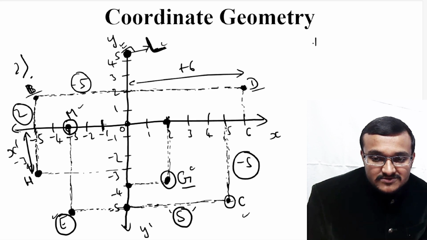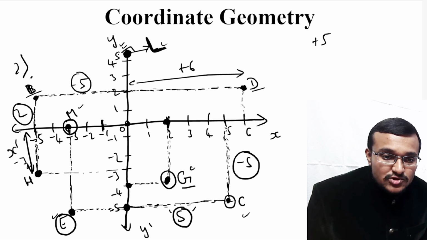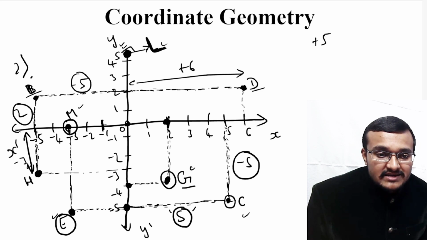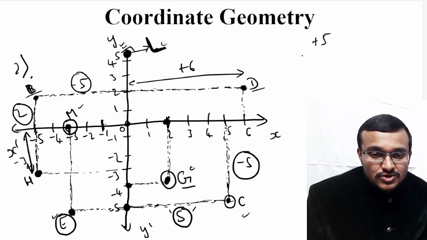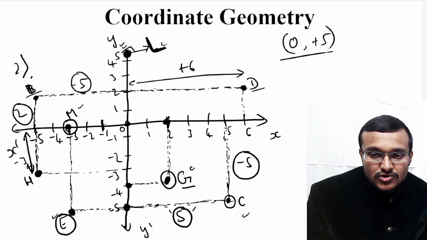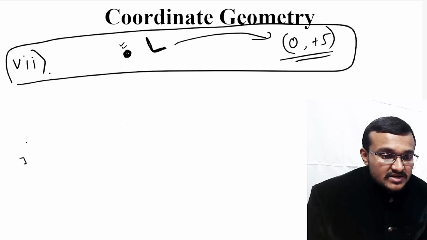So the y coordinate is plus 5, and if you draw a perpendicular line from L to the y axis, that will be the x coordinate of point L. But here you can't draw that because the point is already on the y axis. So the x coordinate is 0. So 0 comma plus 5 is the coordinate of this point L.